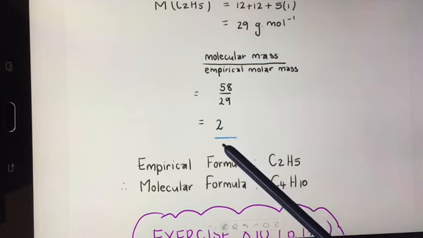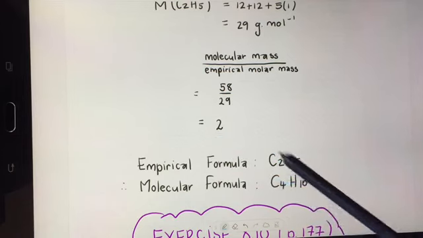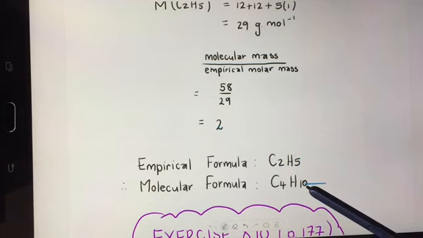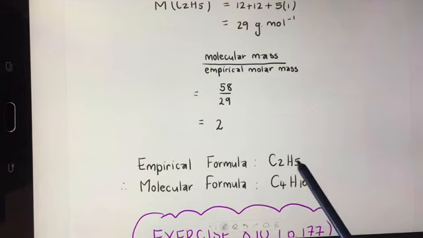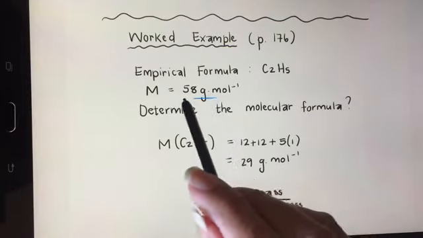I must multiply everything by 2. So C2 becomes C4 because I need to double it. H5 becomes H10 because I need to double it. And that is then how I can calculate the molecular formula from the empirical formula if that molar mass is given.